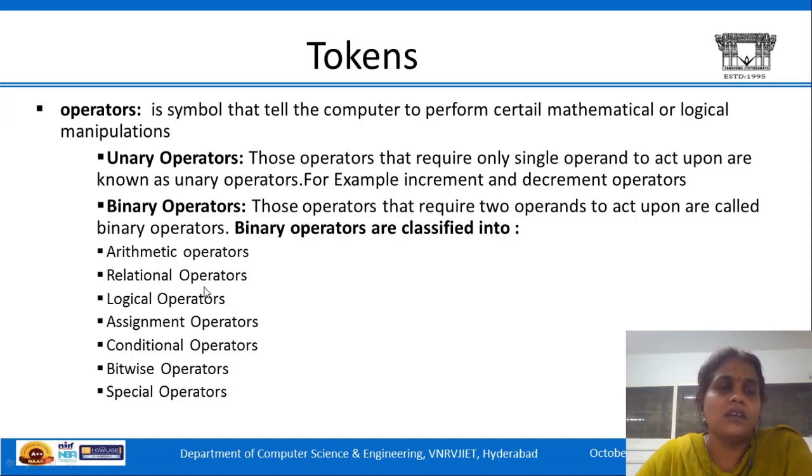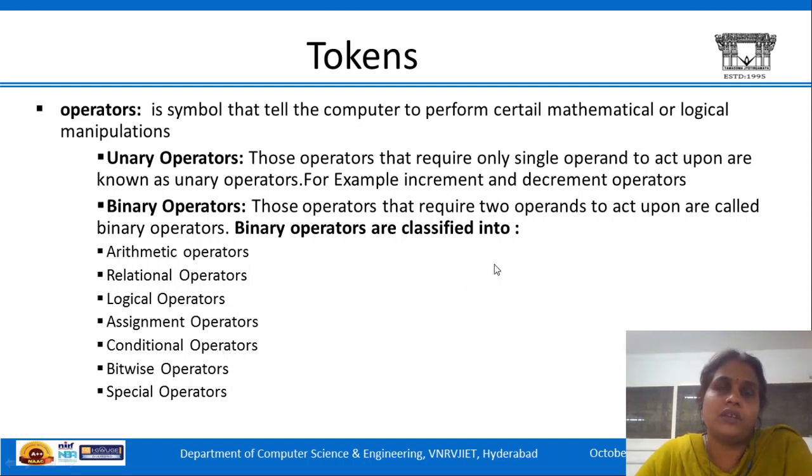Here we are having a broad look because we are discussing tokens. We'll just have a glance at all the operators. Then logical operators: union, or, you already solved some programs. If two conditions are true, 1 and 1, then a intersection b is the AND operator.